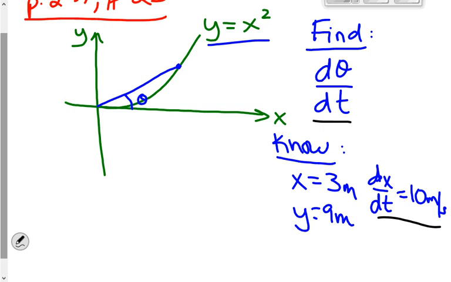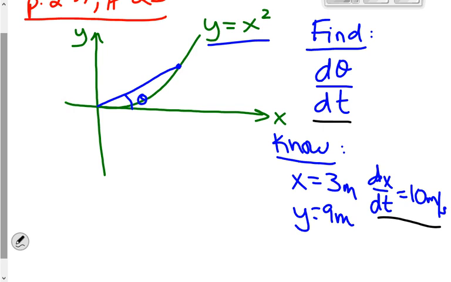Well, x cosine theta isn't enough. You have the right idea, but cosine theta would be x over something, right? X over the hypotenuse, which sounds a little complicated.